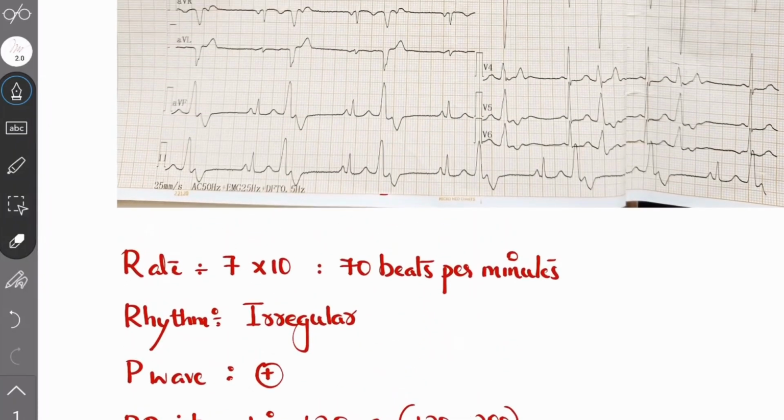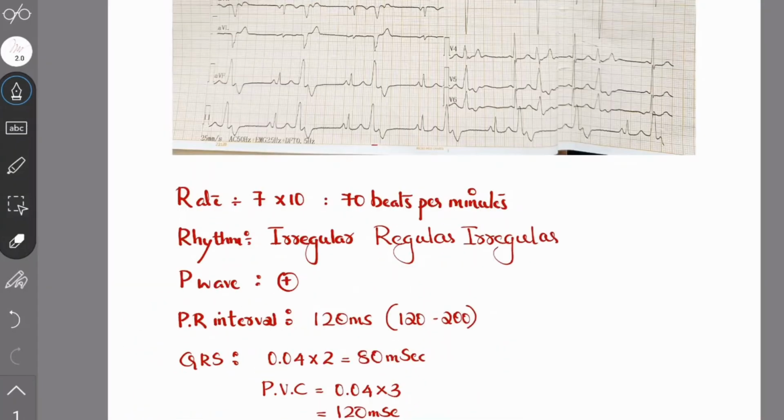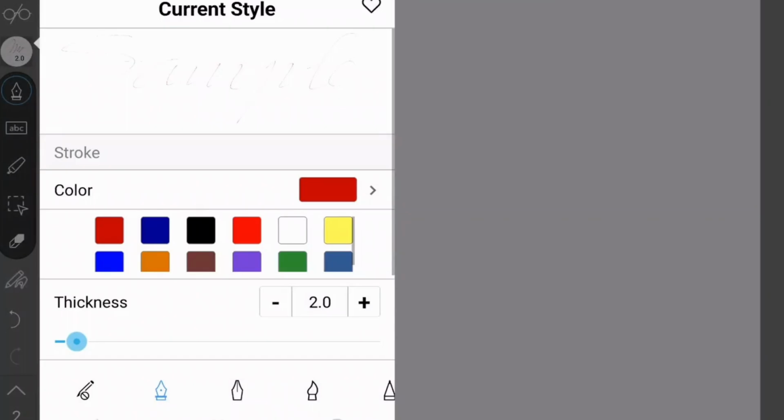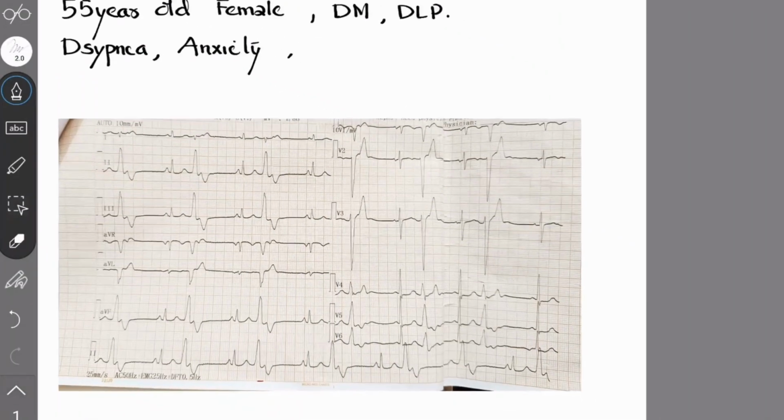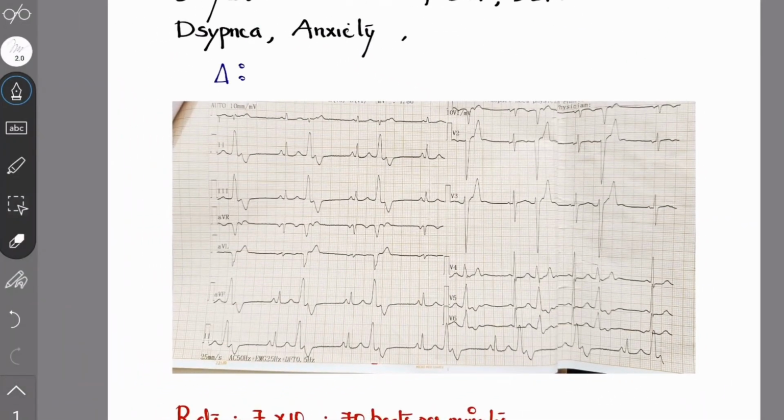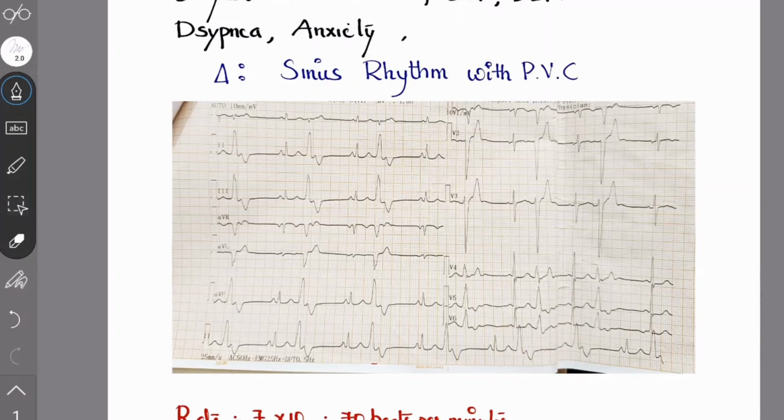Okay, you understand that? Yes, I have. It's regularly irregular, we could say. So we can finally decide this ECG as the patient having a sinus rhythm with premature ventricular contractions. That is the diagnosis.